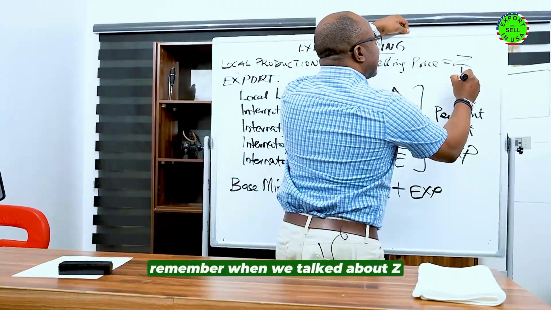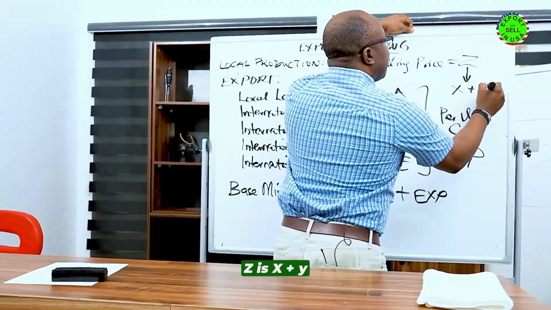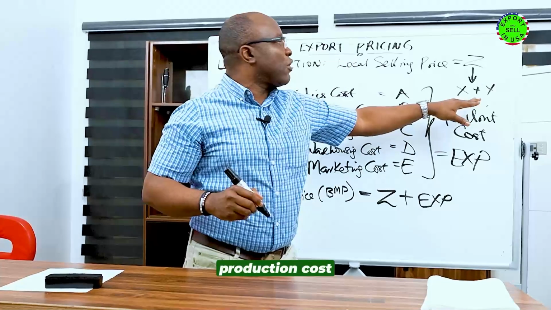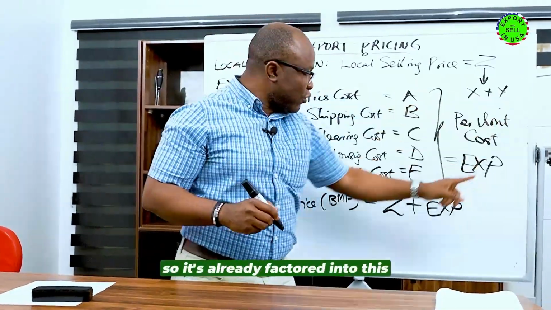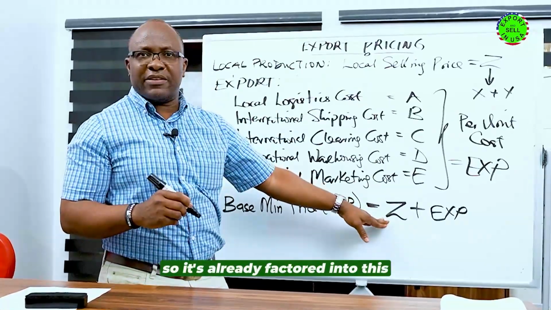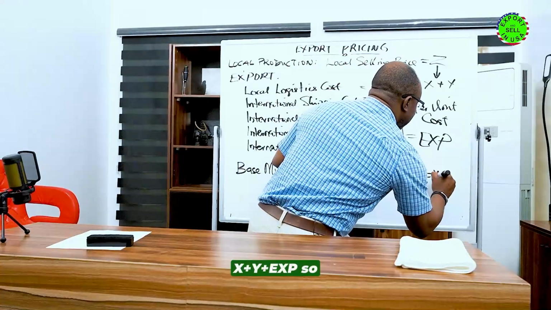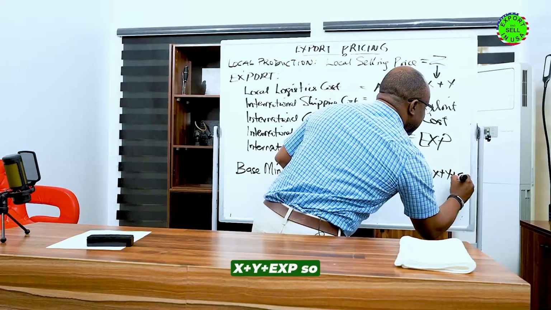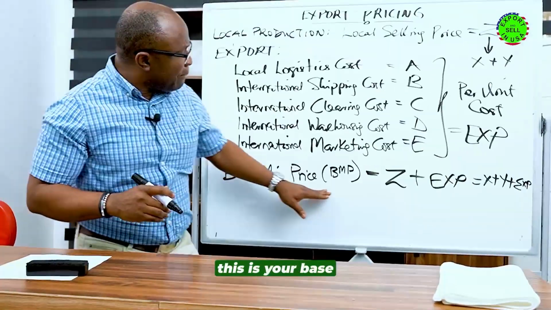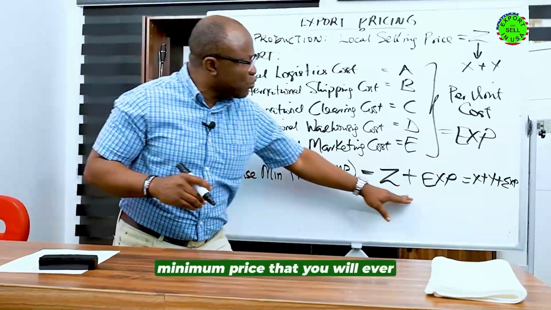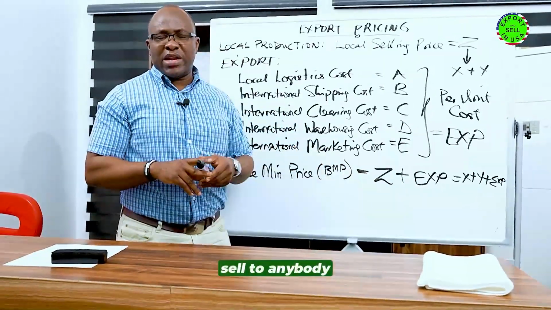Remember when we talked about Z, Z is X plus Y, where X is your production cost and Y is your profit. Now you've already made profit here, so it's already factored into this. Your Z is X plus Y plus EXP. So your profit is there already. This is the base minimum price that you will ever sell to anybody.